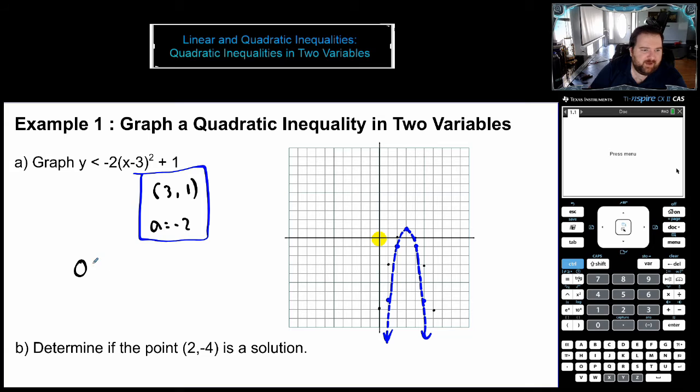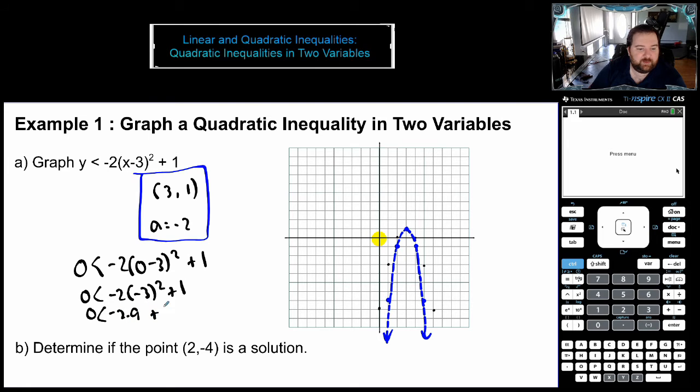So we have 0 is less than -2 times (0 minus 3) squared plus 1. So is 0 less than -2 times (-3) squared plus 1, which would be -2 times 9 plus 1, which would be negative 18 plus 1.